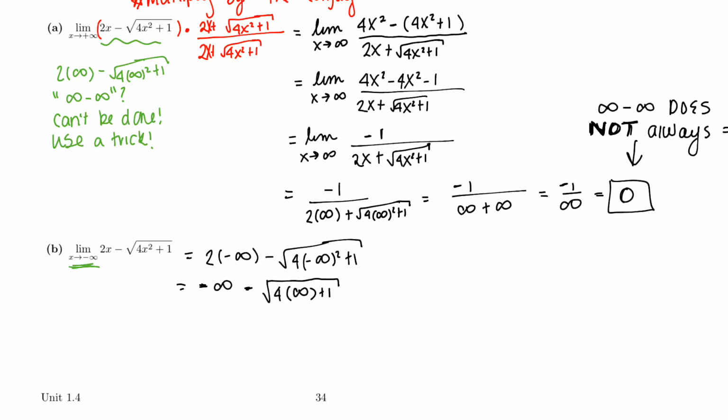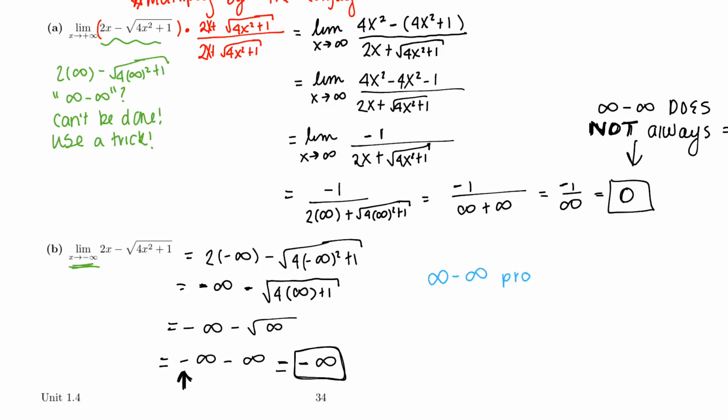So if I come back to this one, we now have negative infinity minus the square root of infinity, so negative infinity minus infinity. And if you have negative infinity minus infinity, that just equals negative infinity. If you have infinity minus infinity, this is a problem.